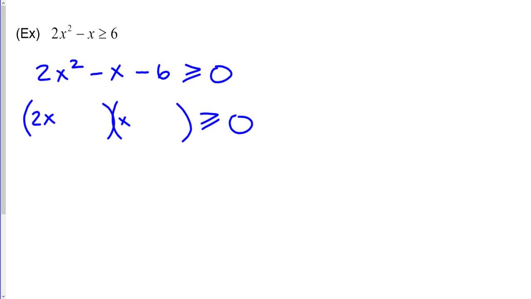The other terms in these polynomials, the factors, are very likely going to be either 2 and 3 or 1 and 6. Let's try 2 and 3 first.